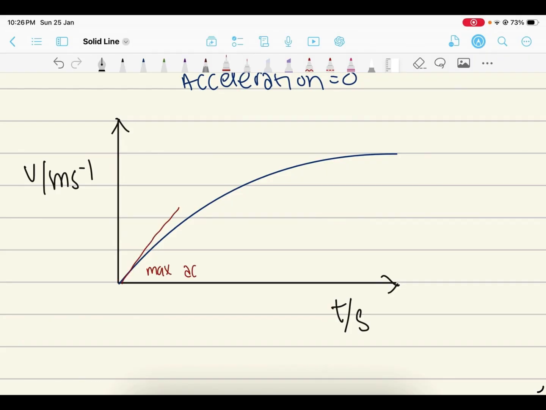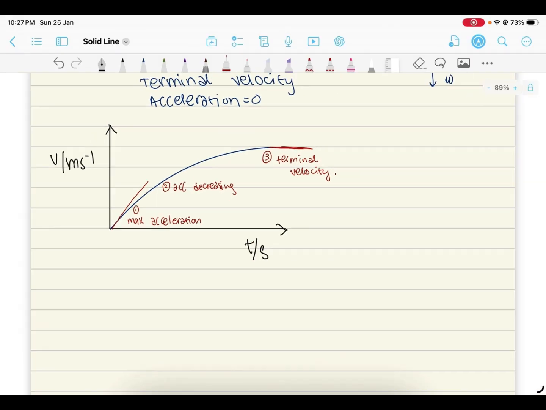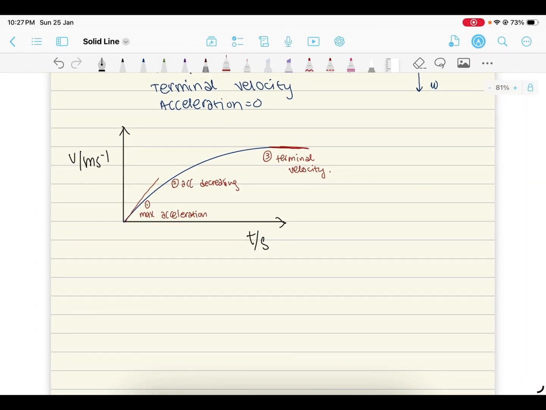Max acceleration. And then slowly you can see acceleration decreasing because the air resistance is increasing. And over here, terminal velocity has been reached, meaning there is 0 acceleration and constant velocity, right?